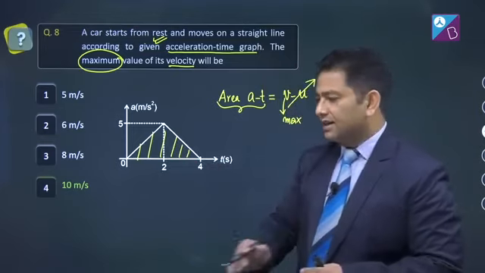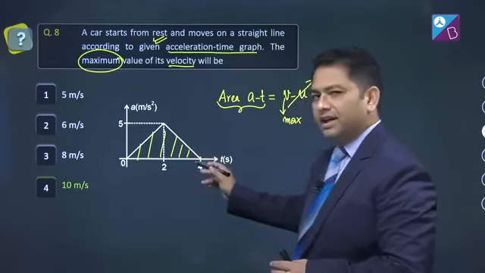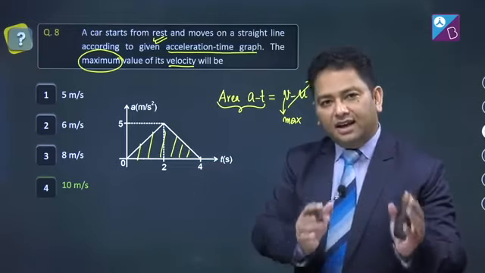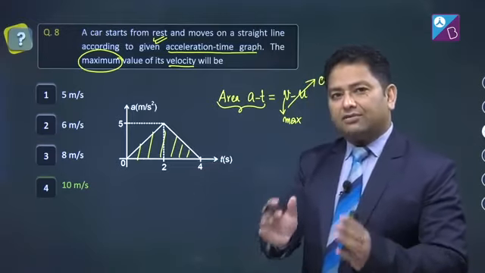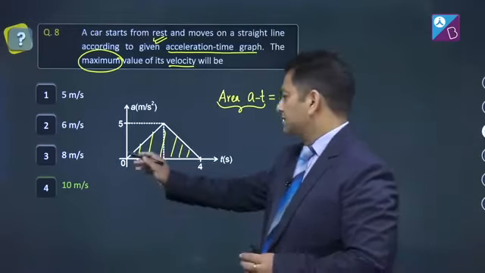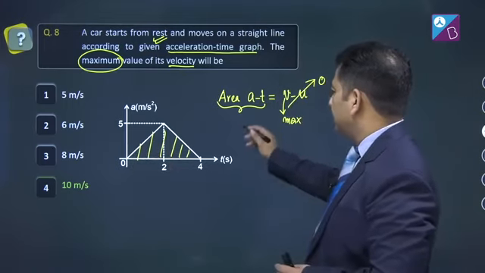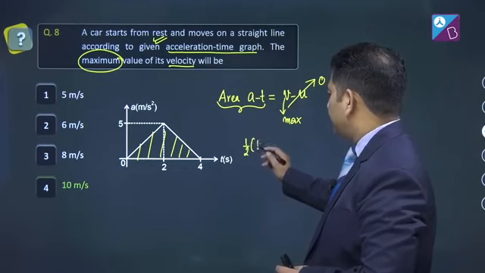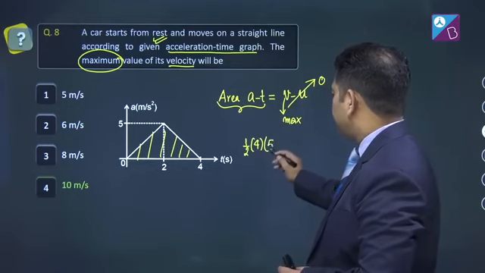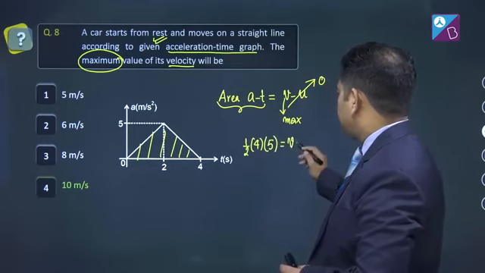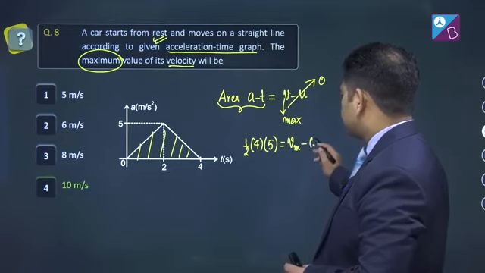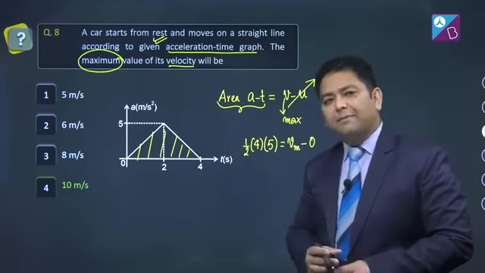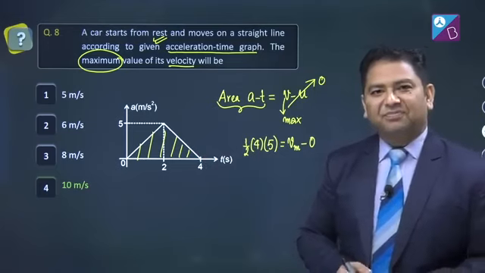Ye baat sach hai ki acceleration ki value kam ho rahi hai, lekin jahan tak area ka sawaal hai, the area would be maximum between 0 to 4. So area maximum 0 to 4, that's a triangle, half base multiplied by height, and that is V max minus 0. So of course 10 meter per second.